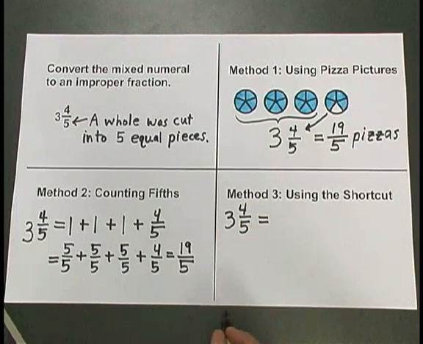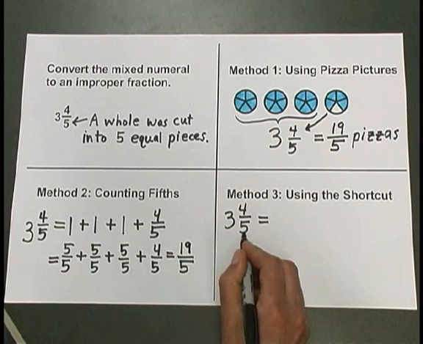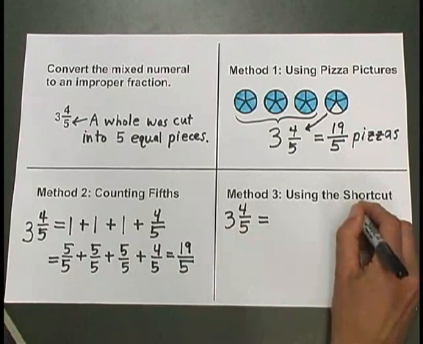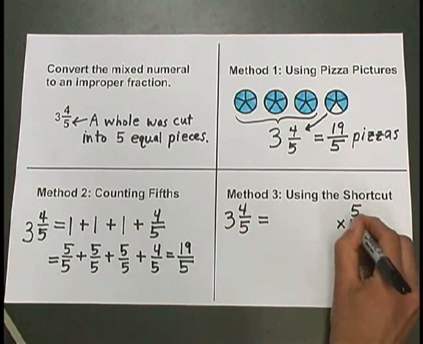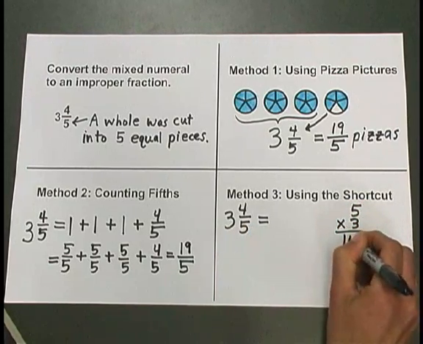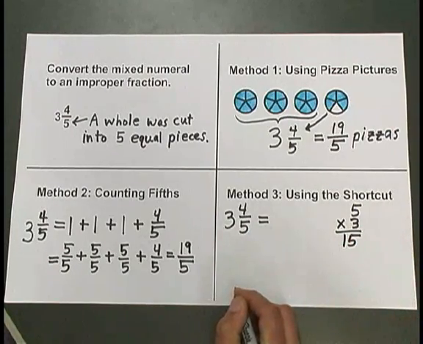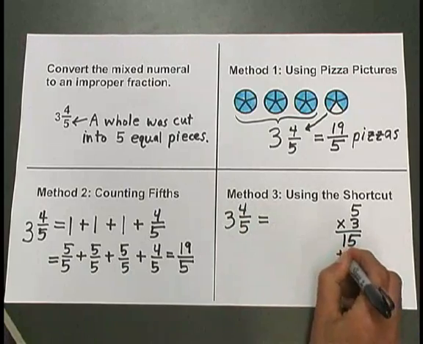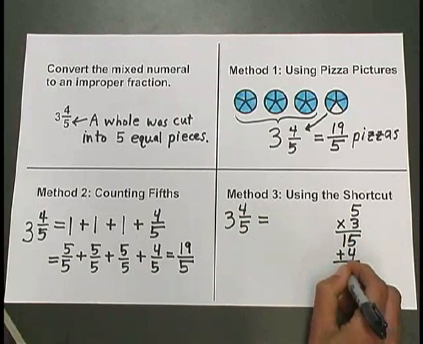What we can do is take the denominator, 5, times the whole number out in front, 3. 5 times 3 is 15. To that, we add the numerator, the number on top, the 4, to get 19.